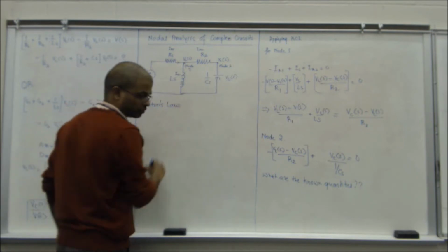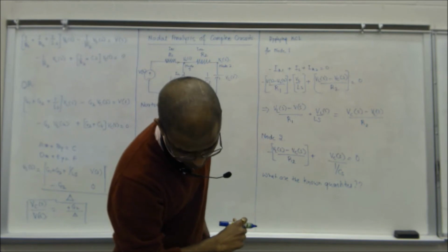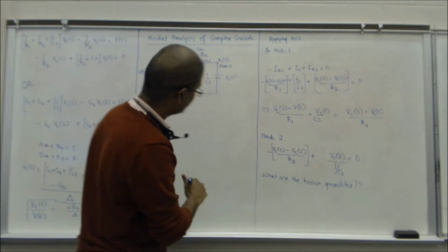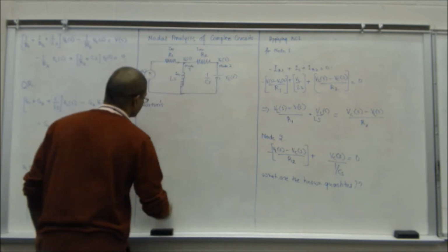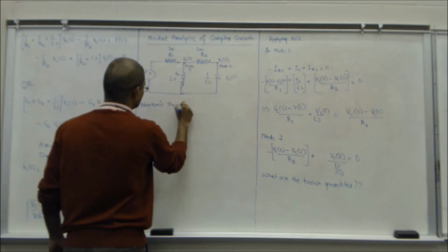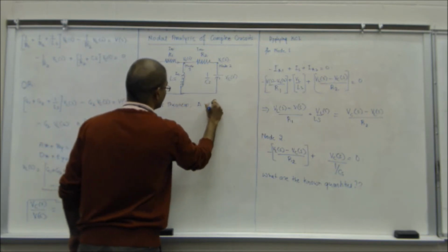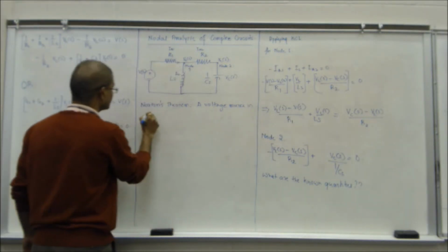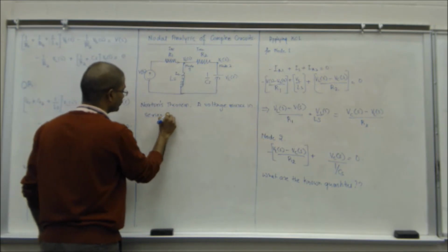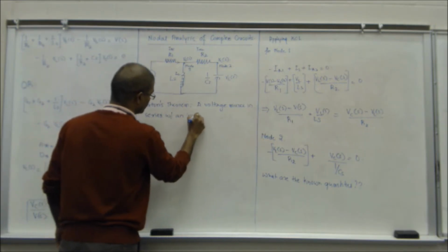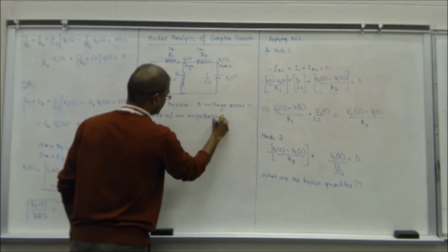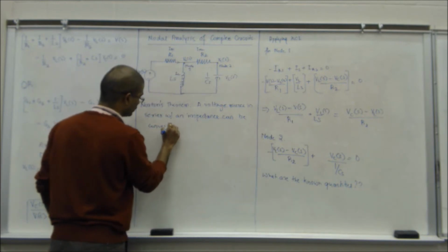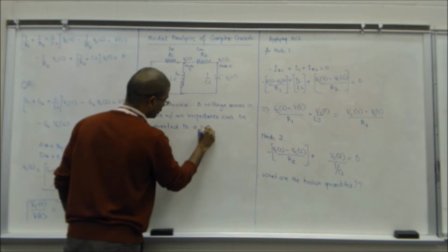Norton's theorem says a voltage source in series with an impedance can be converted to a current source.